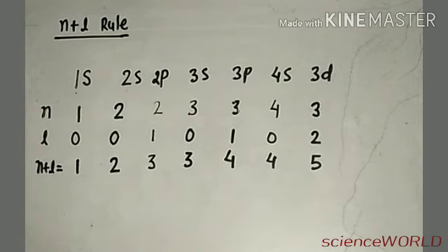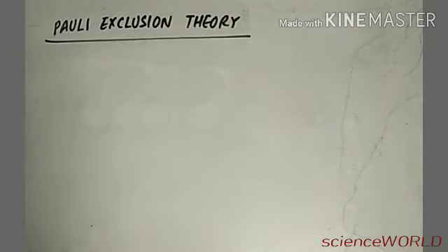Now we move on to the next principle, that is Pauli's exclusion principle. We can say with respect to this principle, an orbital can have a maximum of 2 electrons, and these must have opposite spin.